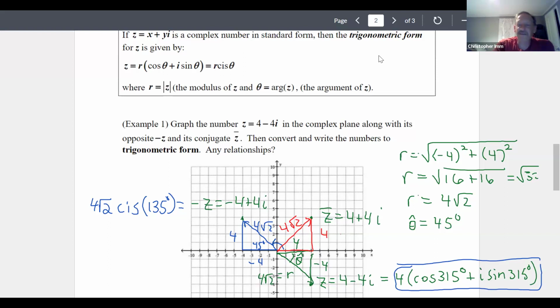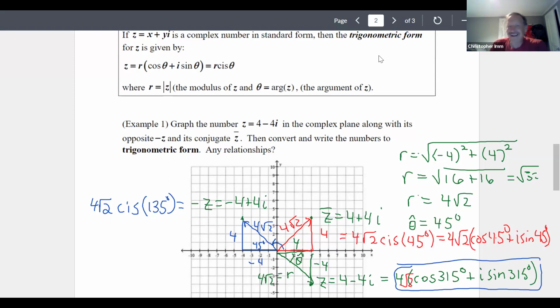So if I wanted to list this conjugate in terms of trig form, I would have 4 root 2 cis of 45 degrees, or 4 root 2 cosine of 45 plus i sine 45 degrees, all in parentheses there. Those are the same thing. And while I'm at it, I need to put in that square root of 2 down for the first one I had there. I made a mistake there.